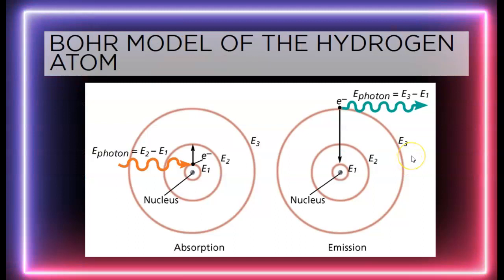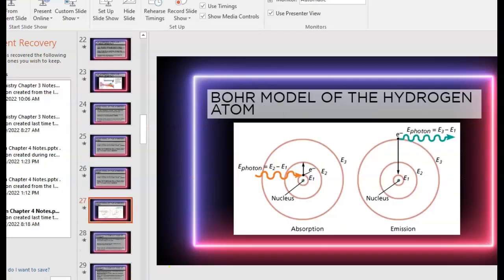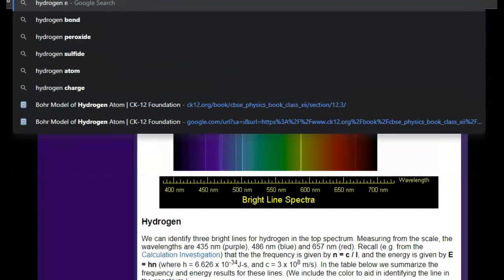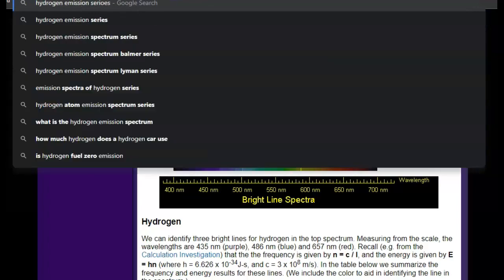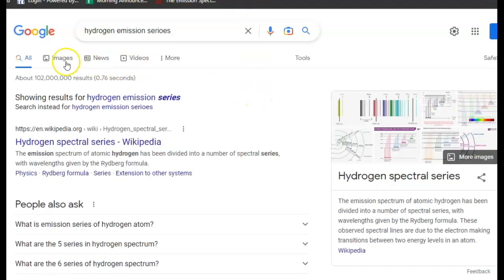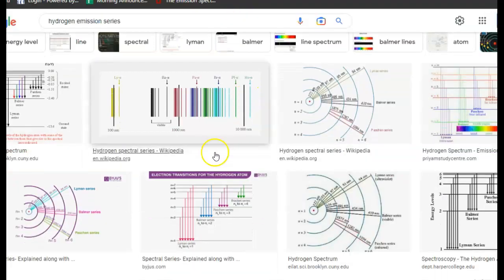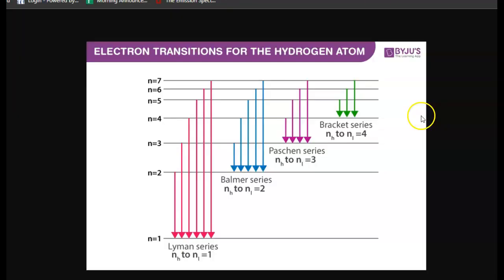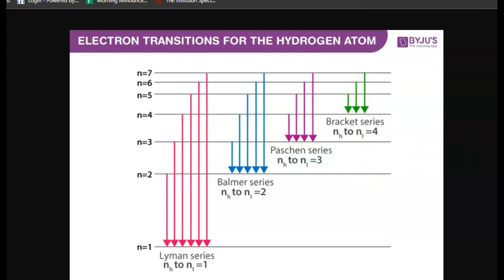So one last thing I want to show you is the hydrogen emission series. So notice there's different series that have fancy names that we don't have to memorize, but there's the Lyman series, the Balmer series, Paschen series, and the Brackett series.